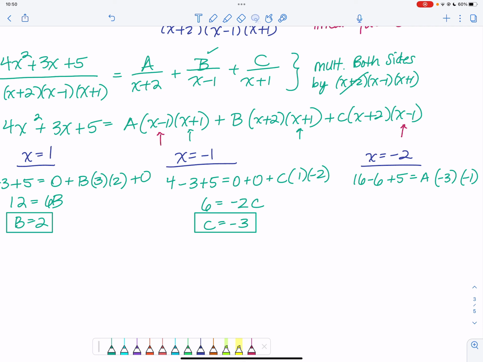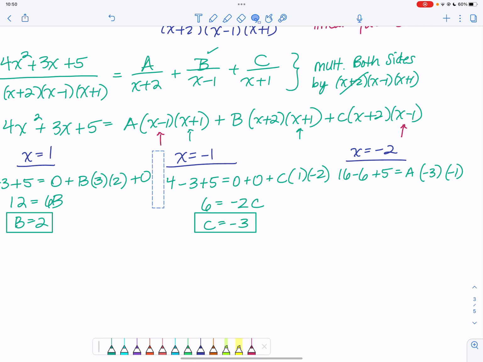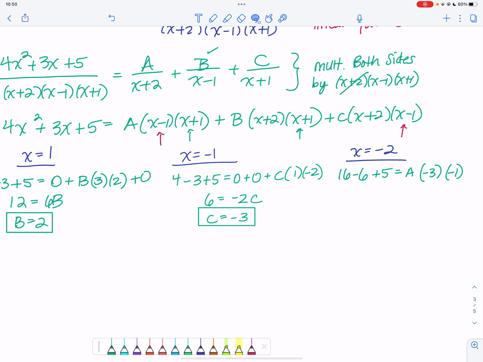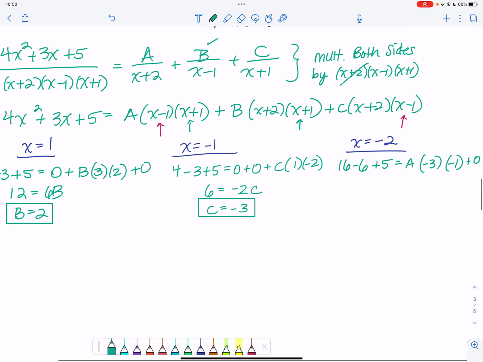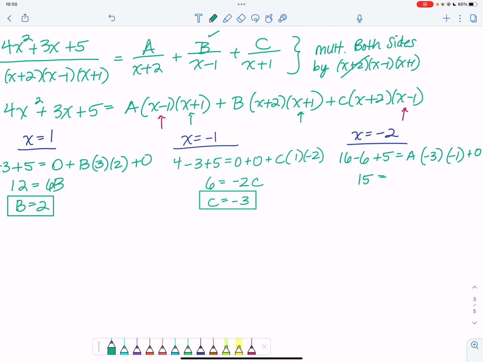And then, don't forget, we have plus 0 plus 0. See if I can make that a tad bit smaller. And then we'll have 15 equals 3a, and a is equal to 5.